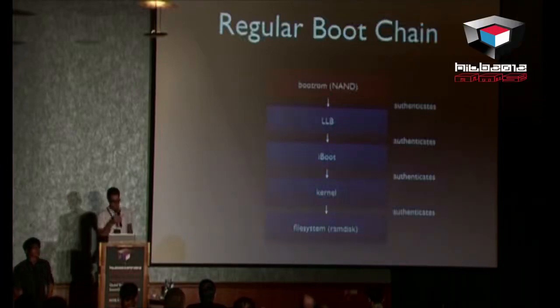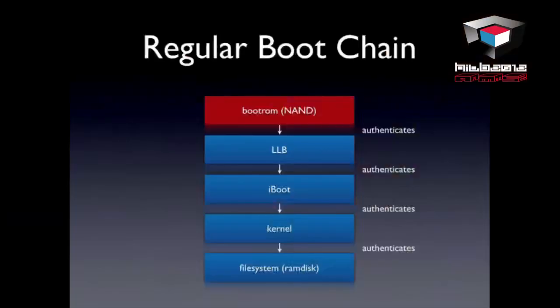This is a graphic showing the regular boot chain where we have the boot ROM, which authenticates the LLB, which then authenticates the iBoot, and then the next image, the kernel, is authenticated, and even the file system is also checked for any manipulation.